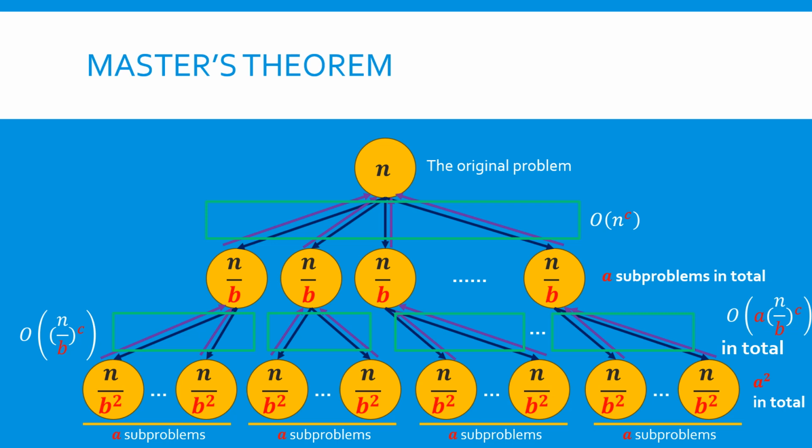The divide and merge steps for solving each subproblem in layer 1 require O((n/B)^C) time, because the size of the subproblems in layer 1 now becomes n/B. Note that we have A subproblems in layer 1. The total amount of time spent on the second recursion layer becomes O(A times (n/B)^C).